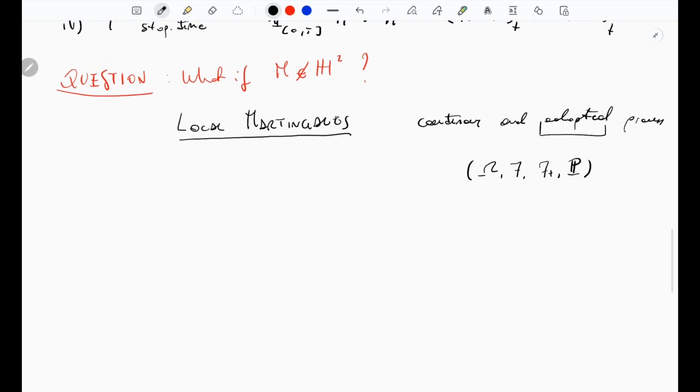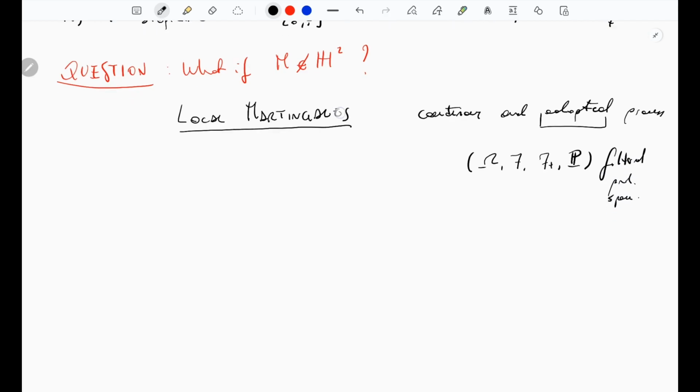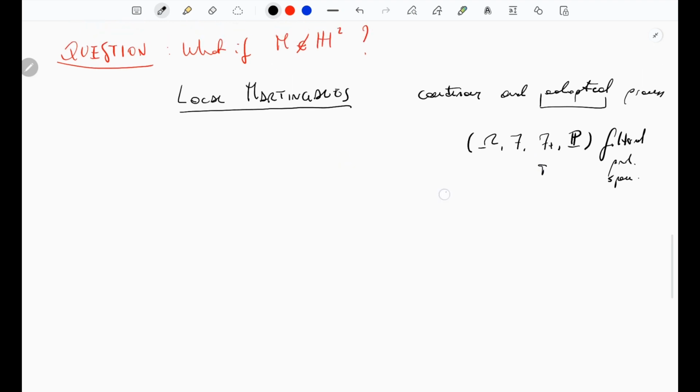So adapted means once you define your filtered probability space, excuse my handwriting, but I'm going fast, it's filtration, it means that your process is F_t measurable.